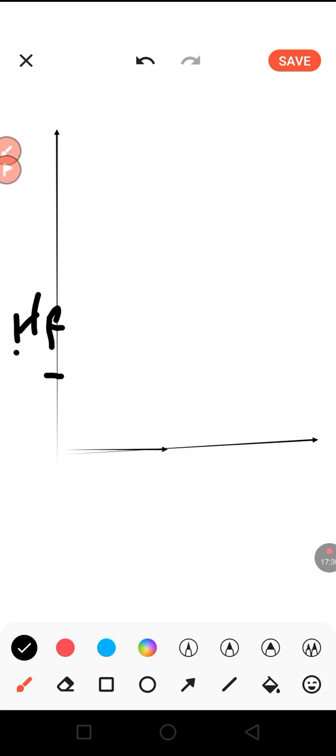And below we have the heat content of reactants, HR. And you know that every reaction starts from the reactant line. So this is the reactant line, this is HR. So the reaction starts from HR and terminates at the line of product.